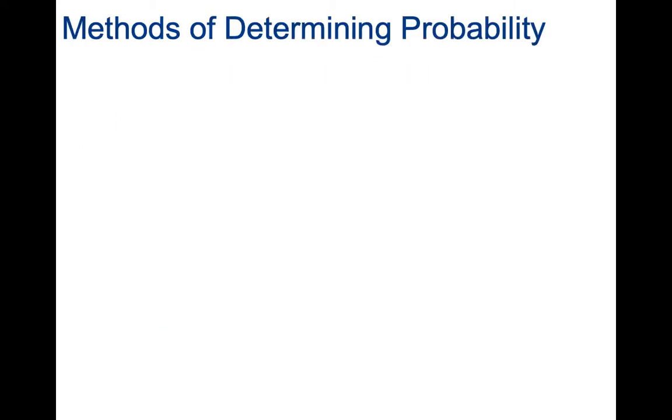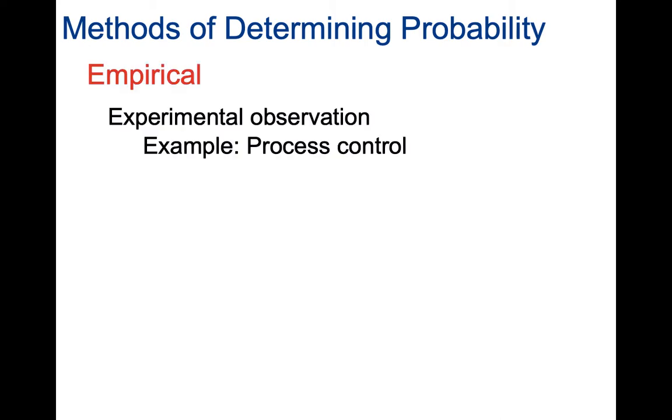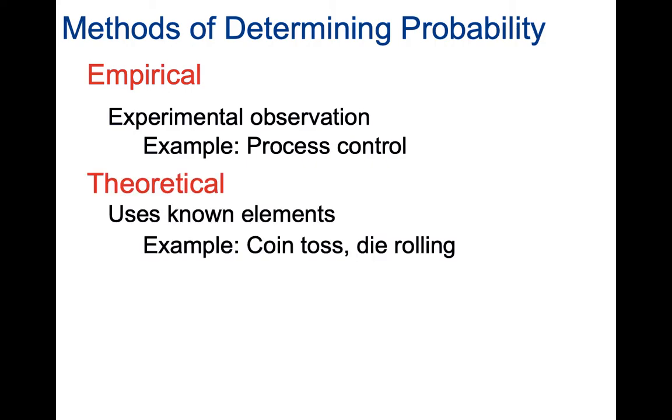So, methods for determining probability. I just kind of went through one very quickly, but we're gonna talk about how to do that specifically. So, the first would be empirical. In other words, we can simply observe what's happening around us, and then record those observations, and then calculate the probability. But yeah, so you can just do an example via an experiment. Of course, you could also do theoretical. And those could be things like a coin toss or dice rolling and things like that.